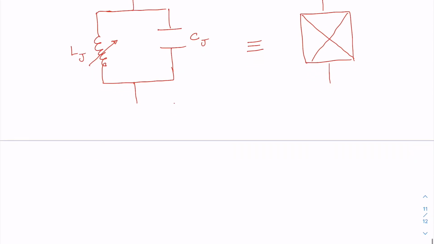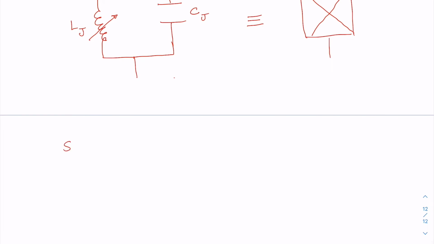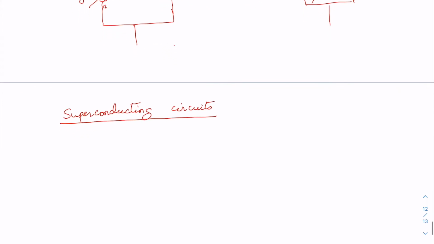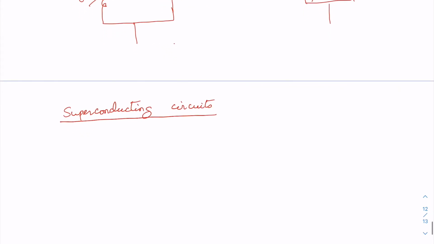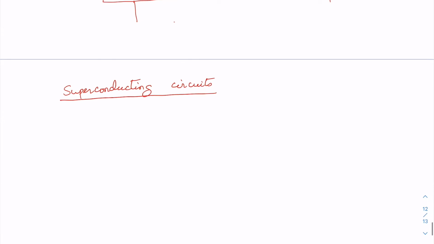Okay, now let us briefly discuss various superconducting qubits. All of us already know that the qubit is a fundamental element in the field of quantum information, and it's basically nothing but a quantum two-level system, and one can take advantage of the Josephson junctions to build a two-level system that will be called a superconducting qubit.